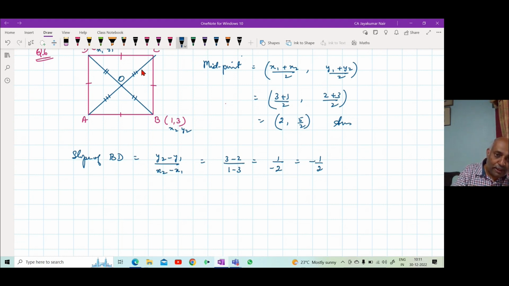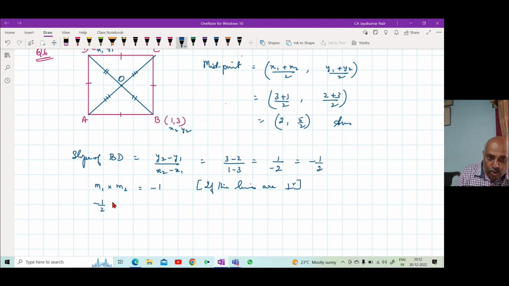Since BD and AC are perpendicular to each other, M1 into M2 should be equal to minus 1 if the lines are perpendicular. So what is M1?